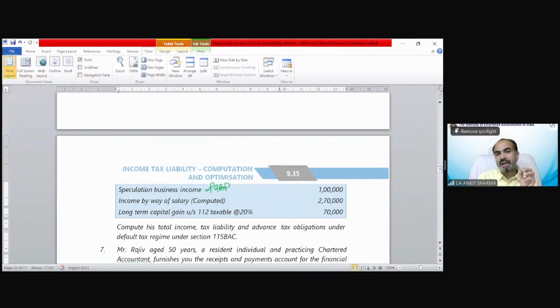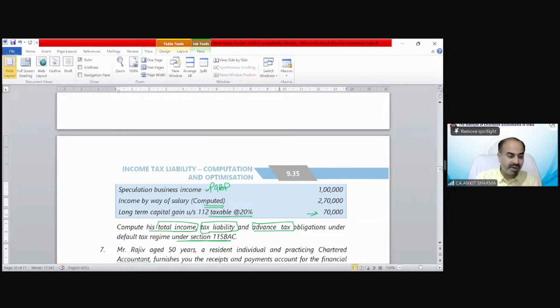Income by way of salary computed, that means standard deduction etc. has been automatically reduced. Long-term capital gain under section 112 taxable at the rate of 20% is 70,000. So compute his total income and tax liability and advance tax obligation under the default tax regime.